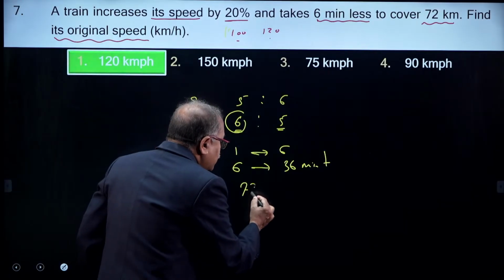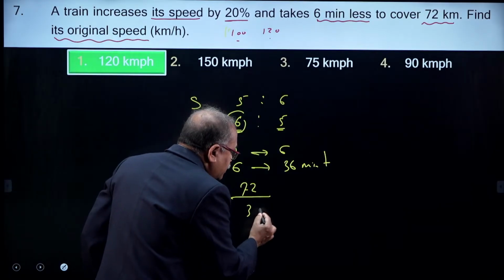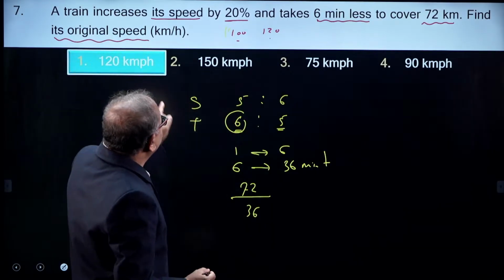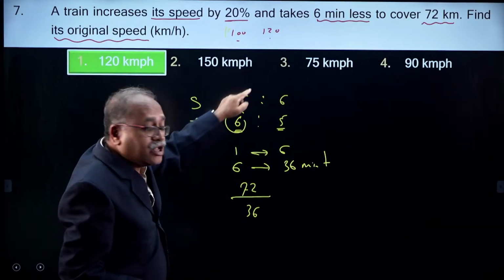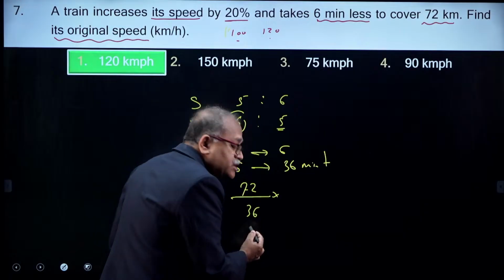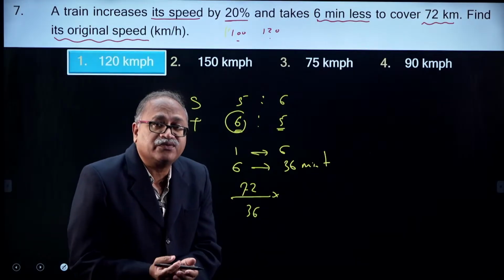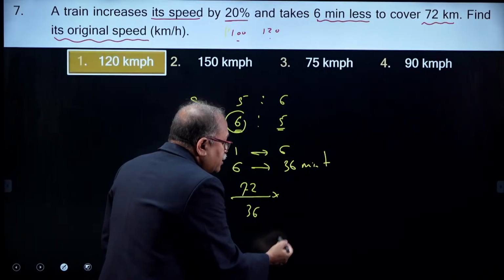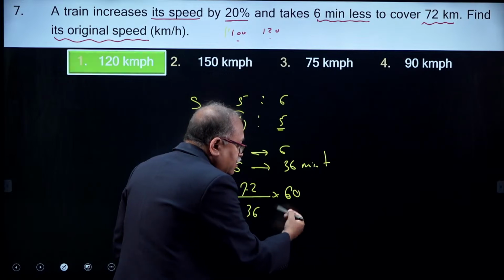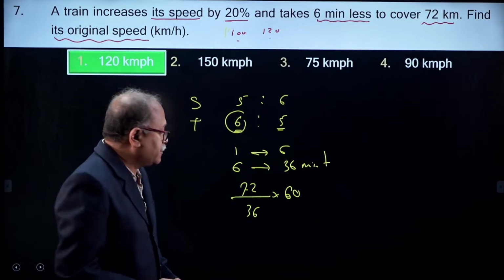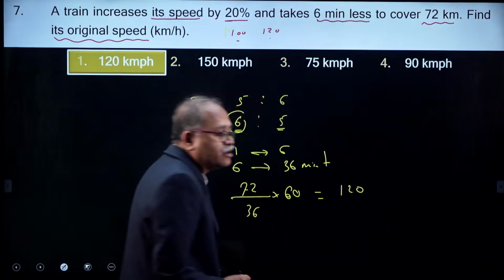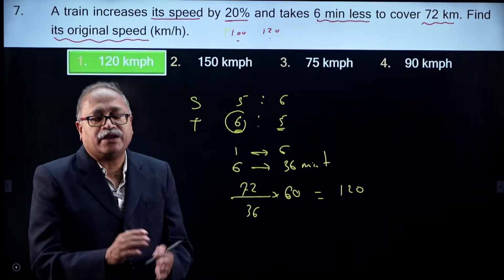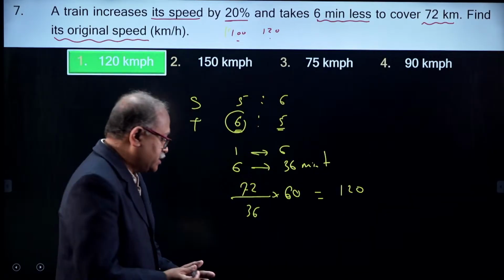So that is nothing but 72 divided by 36. As time is given, I need to find out the speed, and that too in kilometer per hour. So convert this 36 minutes in terms of hour. So 36 divided by 60. So in other words, into 60. So here 2 times 60 is 120. Well done. Well done, sir.